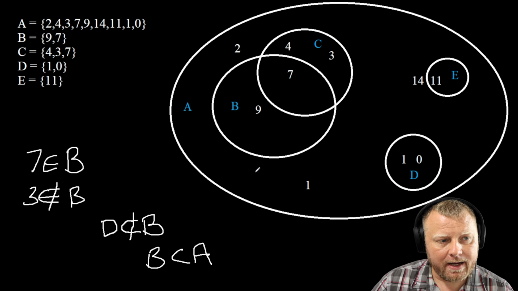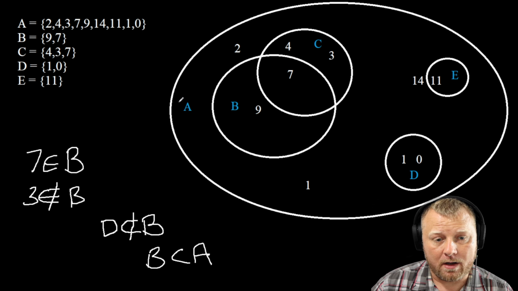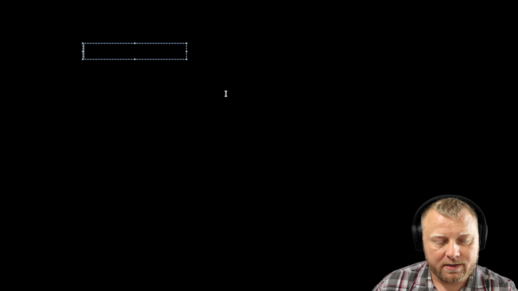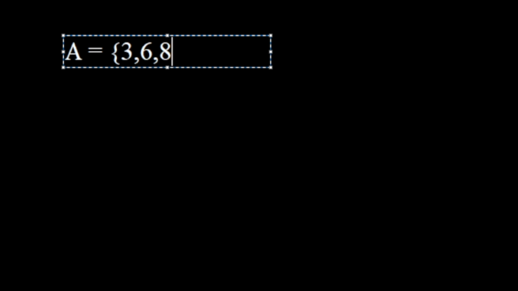Now, let's make up our own Venn diagram based on the numbers. So let's clear the area here and let's try this again. Let's do it a little bit different though. We'll start with the mathematical expressions. So we'll say A is equal to, let's just make it simple, 3, 6, 8, 9, and 10, why not?